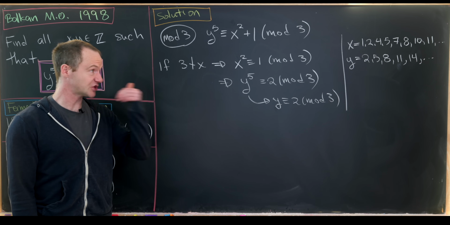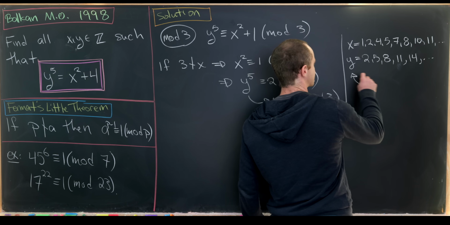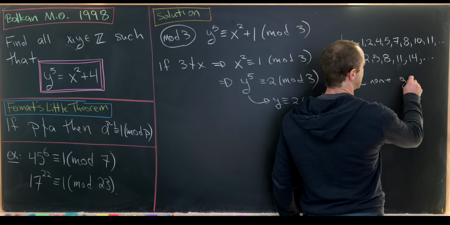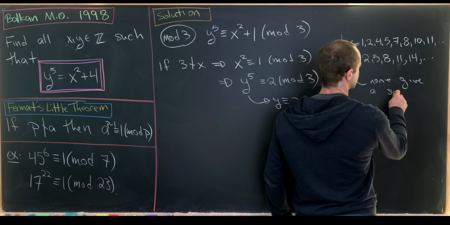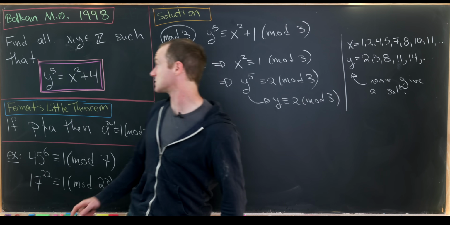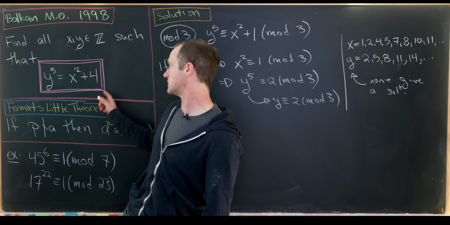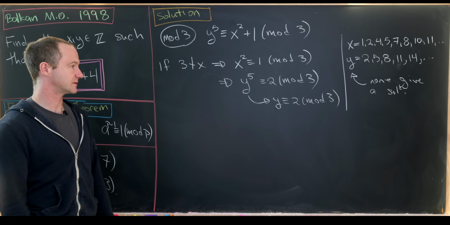But then doing a quick check across those small numbers, you'll see that none of these give us a solution. So we do get a solution mod 3, but we don't get a solution of the integer equation. And remember, our goal is to have a solution for the integer equation.